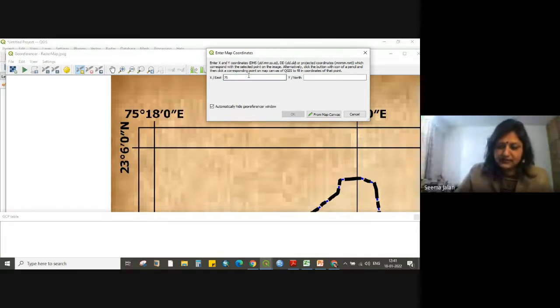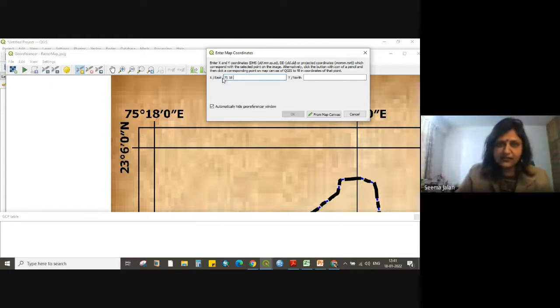X is longitude 75, 18, 0. What are you doing? It is written here. Do read this very carefully. You are entering the values in degree, minutes and seconds, and you have to put a space after each.